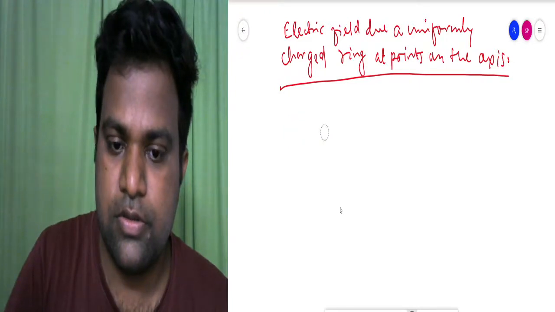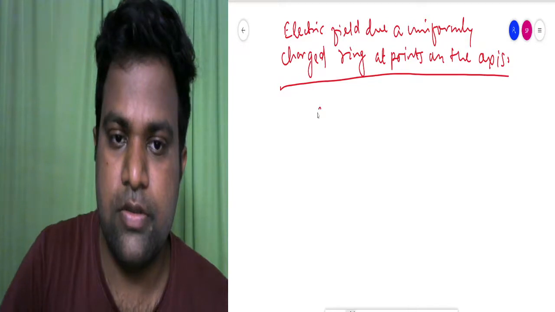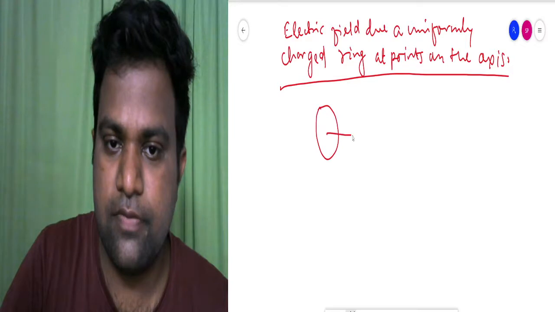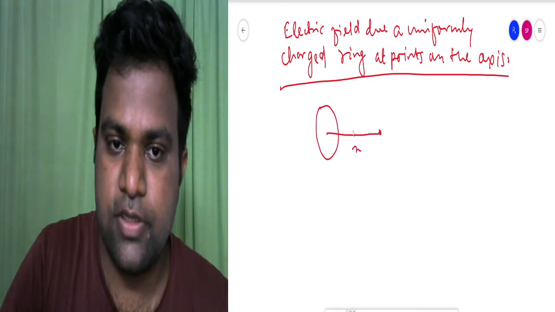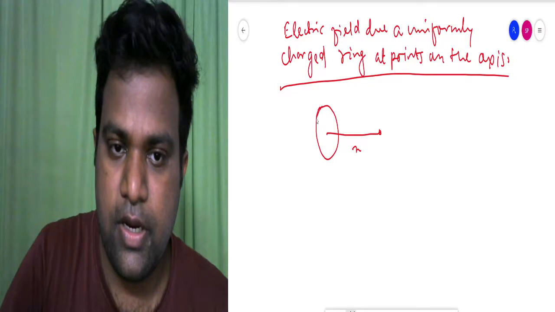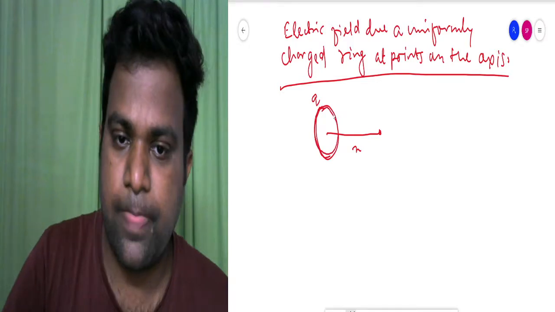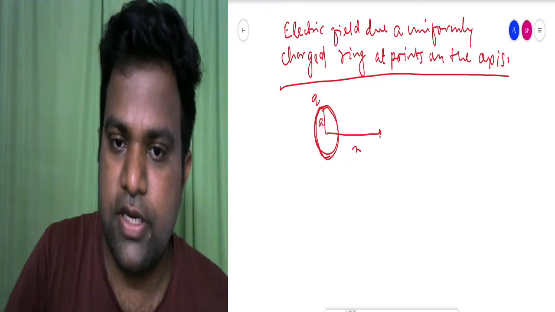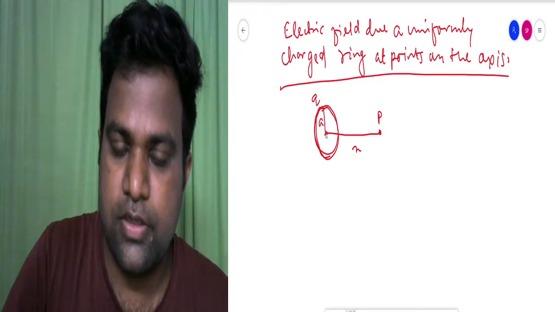We'll calculate the electric field at a point, let's say x from the ring, and let's say charge Q is distributed all over the ring and the radius of the ring is a. So we are interested to calculate the electric field at a point P, which is on the axis of the ring.